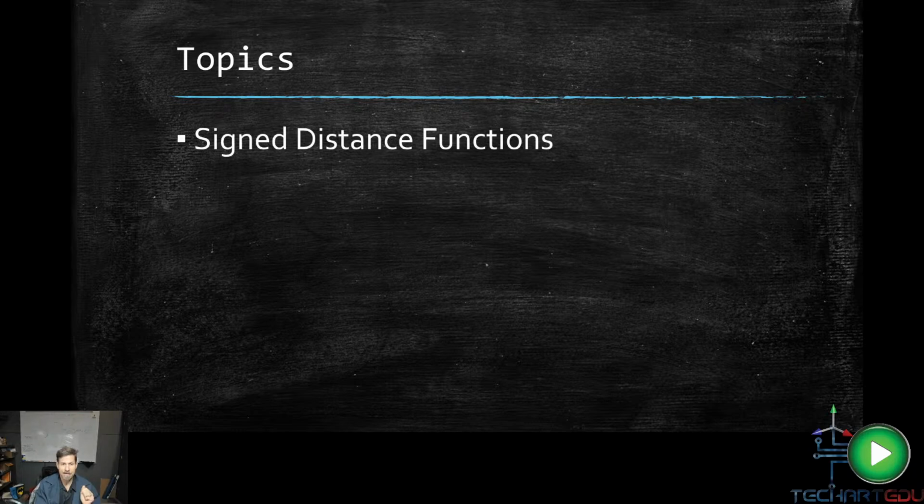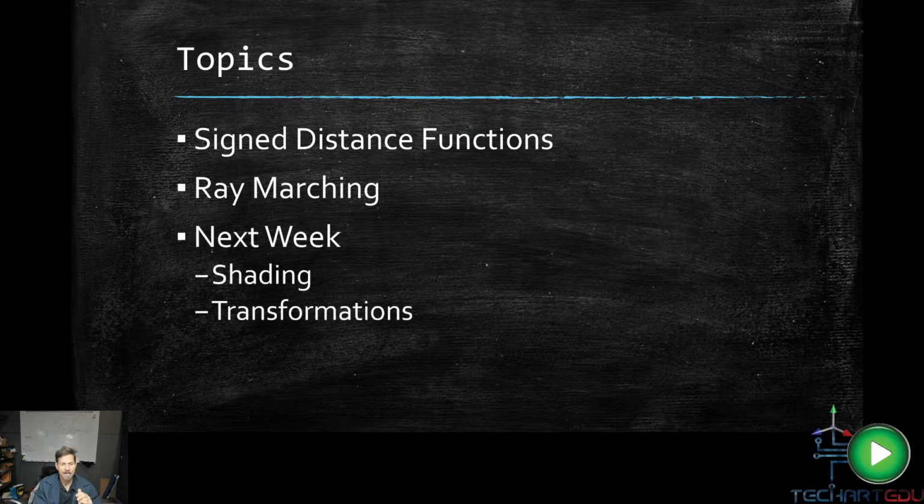This week we're going to be talking about signed distance functions and the overall concept behind ray marching. Then next week we're going to be talking about shading and then transformations and then how to implement all of this into something like a shader tool, HLSL, or something like UE4, which actually can be done totally. It does help if you understand a little bit of HLSL or GLSL for that matter.